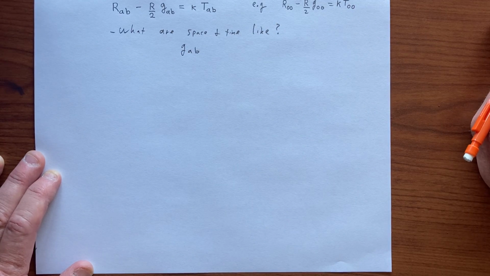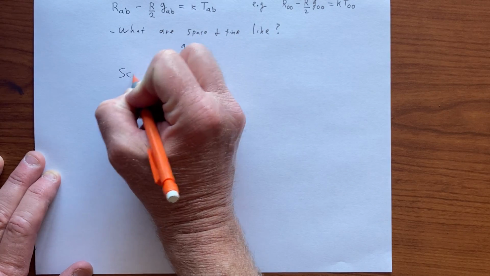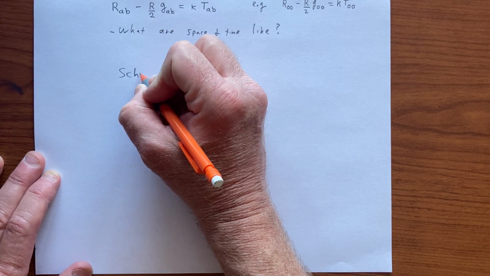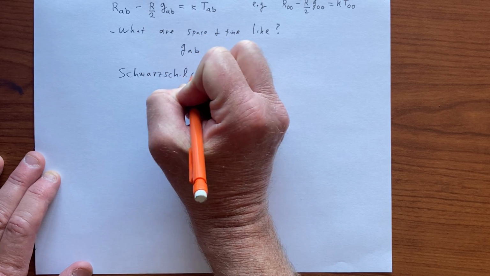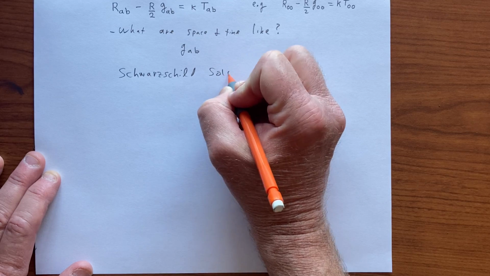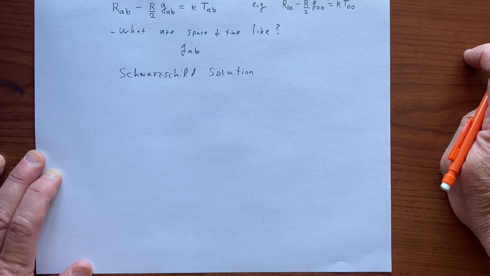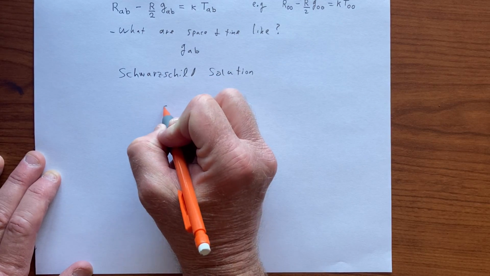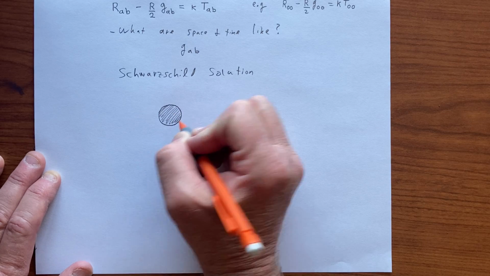So we're going to start with the simplest case, the Schwarzschild solution, which involves certain assumptions to make our equations simpler. We imagine a spherical distribution of matter and energy.